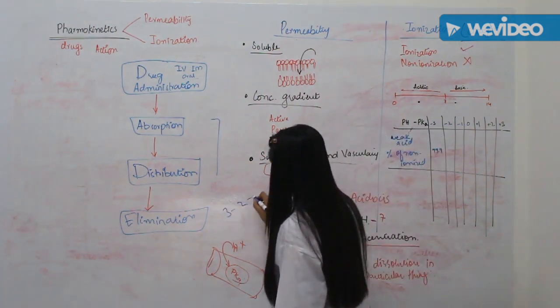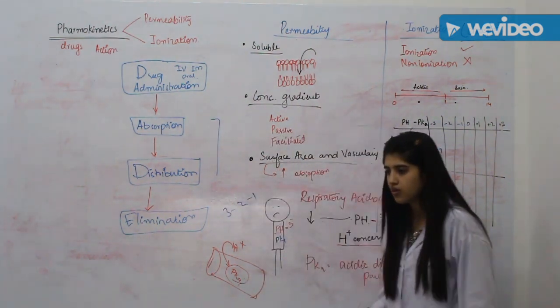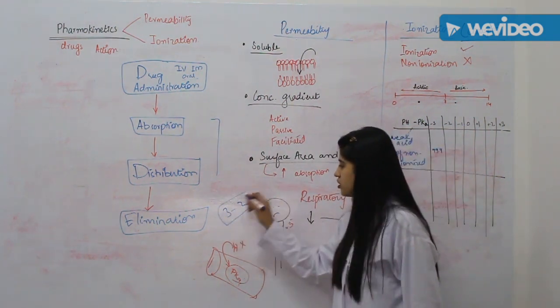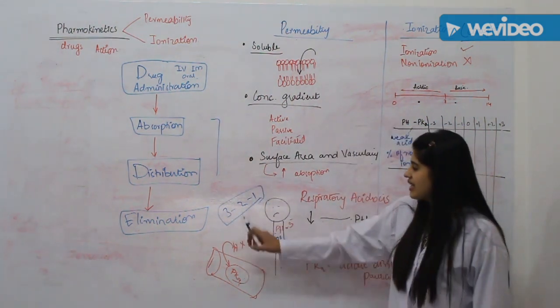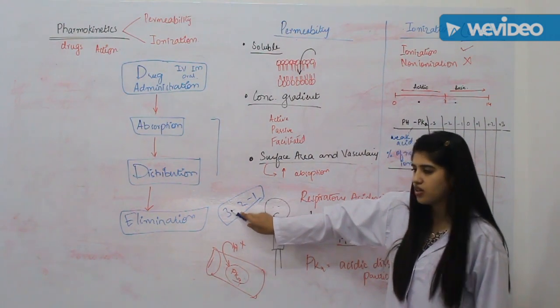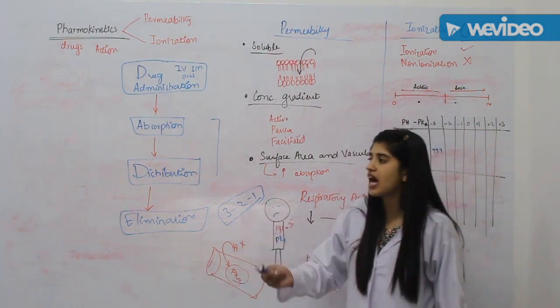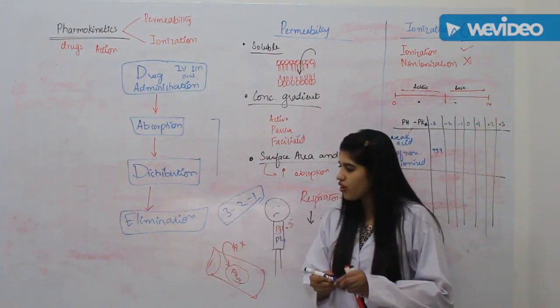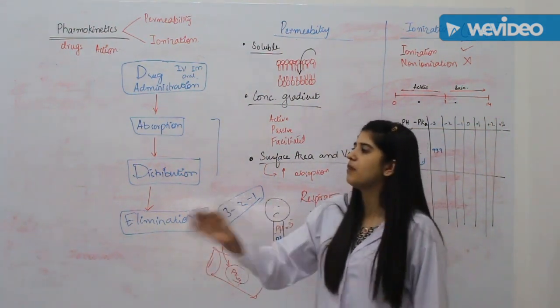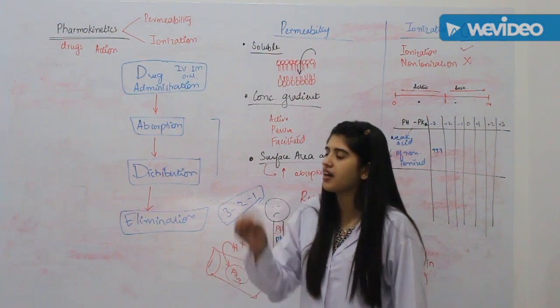It could be 2. It could be 1. Okay, this is the normal range. But exceeding this or decreasing this, it affects. I will give you examples how this is going to happen. If you are not getting the concept of pH or the pKa, you have to stop me here right now.